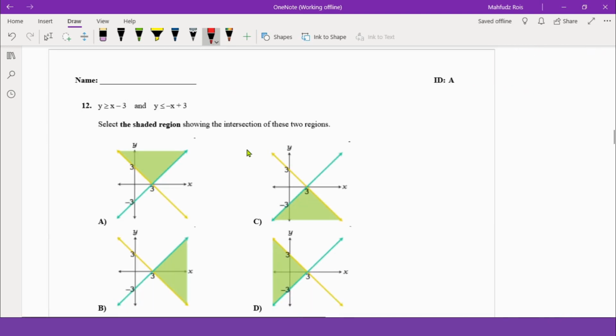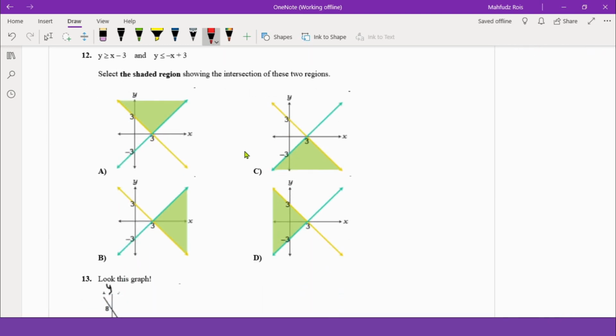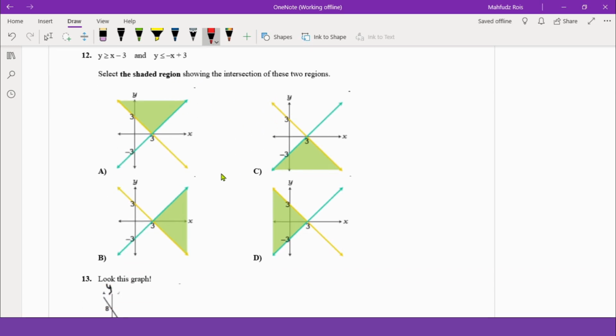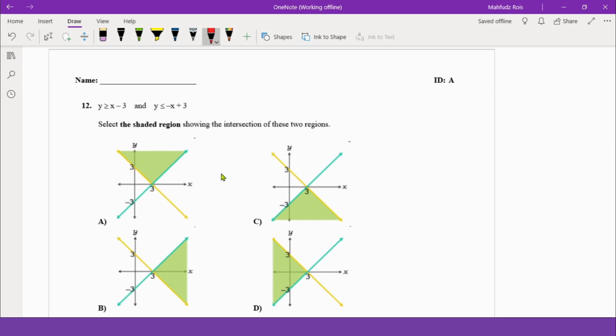Alright, number 12. This one is more challenging, I think. Select the shaded region showing the intersection of these two regions. Which one, A, B, C, or D?